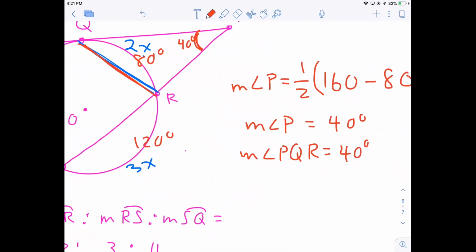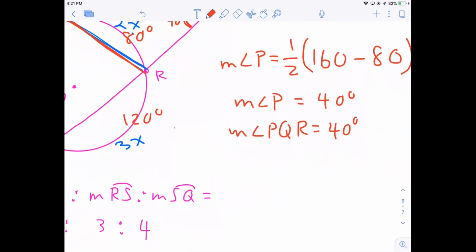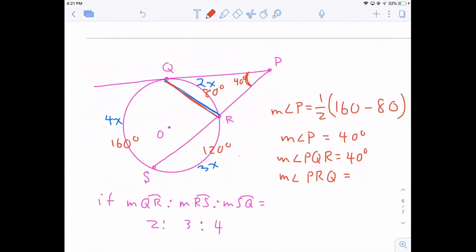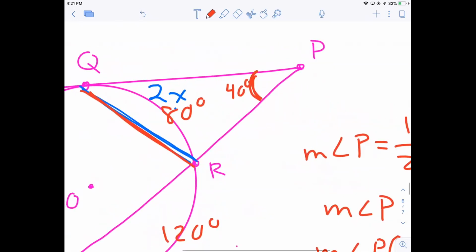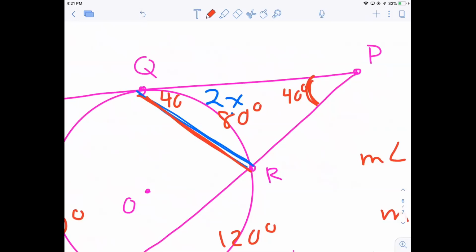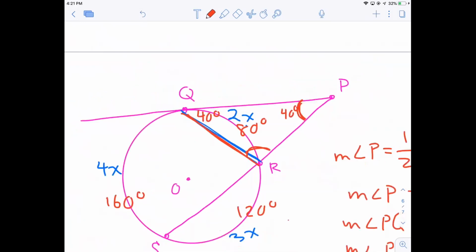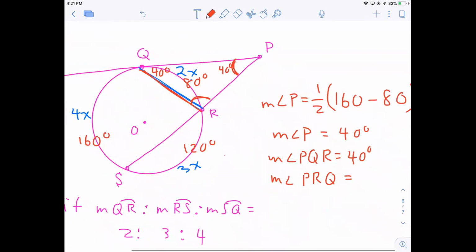And lastly, let's find the measure of angle PRQ. PRQ is just going to be adding the angles up to 180. So if that's 40, and this guy here is 40, then PRQ is going to be 100 degrees.